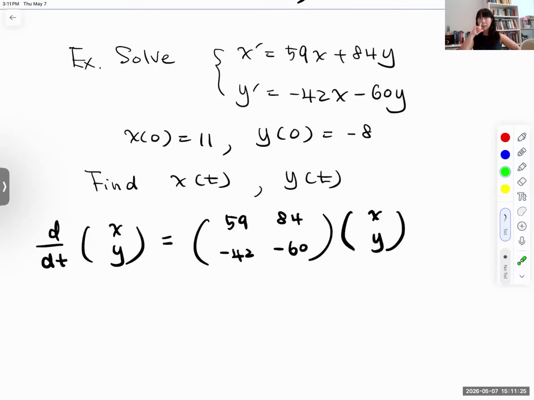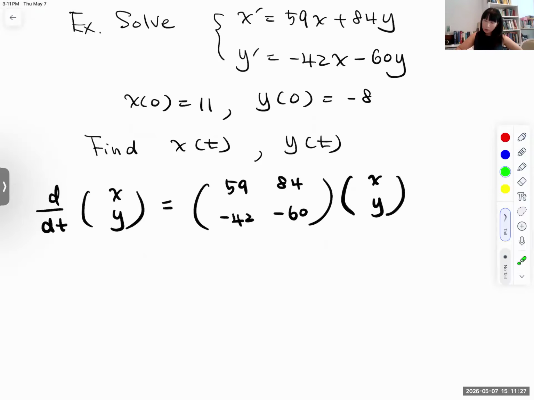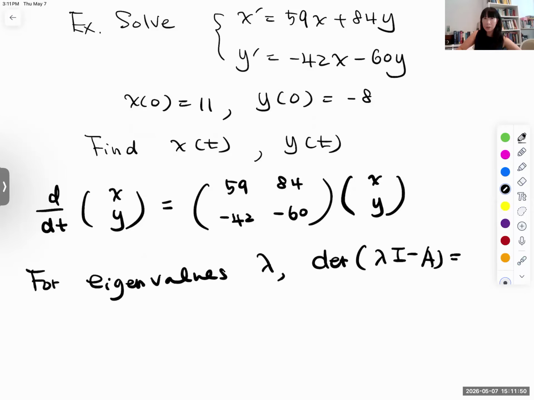Same process. We want to find the eigenvalues again. The form is the determinant of lambda I minus A equal to 0.